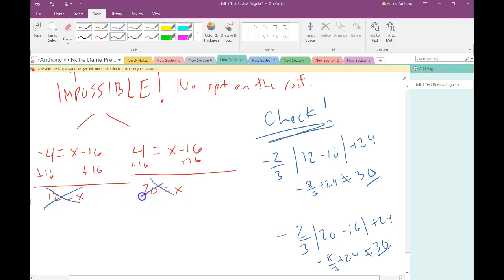So each of these are extraneous, which tells me no solution, since I've given both of them up, which implies there's no spot on the roof.